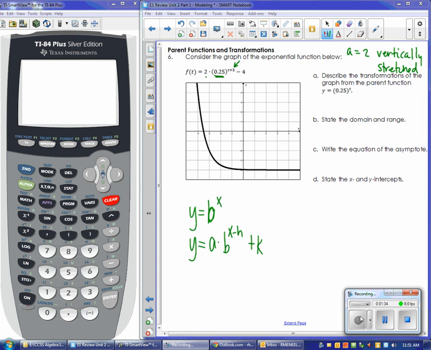So if you remember in the formula, that quantity x minus h tells us that we're always doing the opposite of whatever h is. So if you have the quantity t plus 3, it actually means that h is a negative 3. And so that's telling us that the graph is going to be shifting left 3 units.